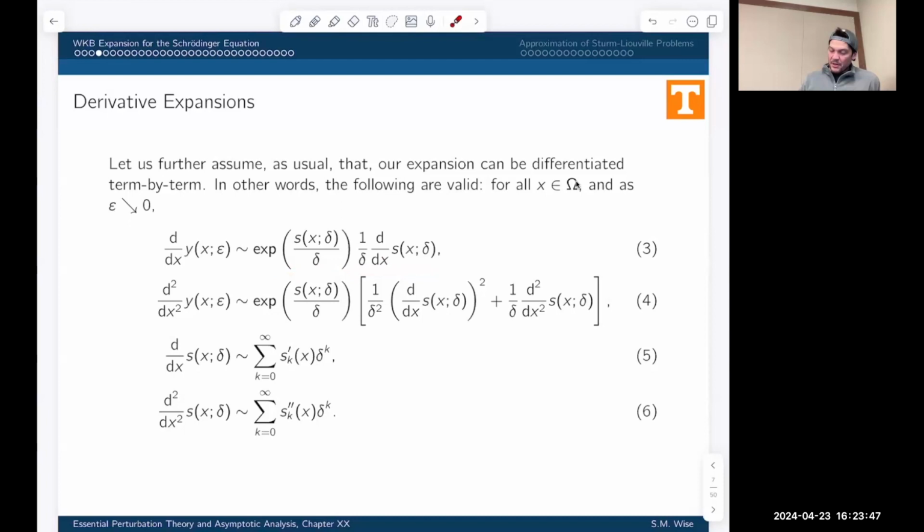The expansion part comes because this is really a power series, and that can be done term by term. Similarly with the second derivative of y, we assume that it can be tacked on as a derivative of this, so that I'm basically taking derivatives of the infinite series here and here.